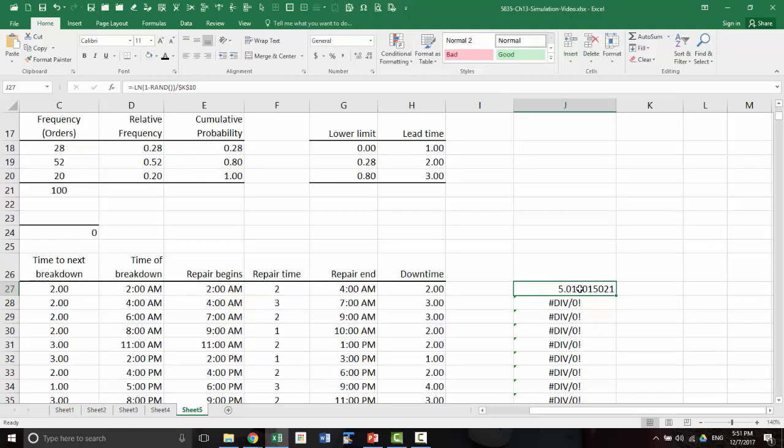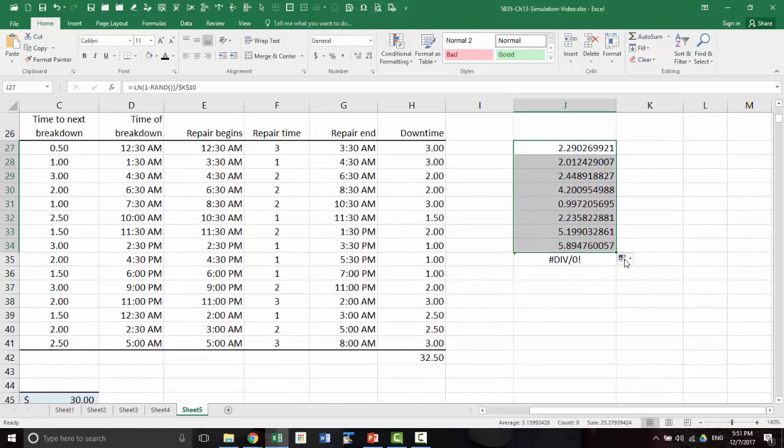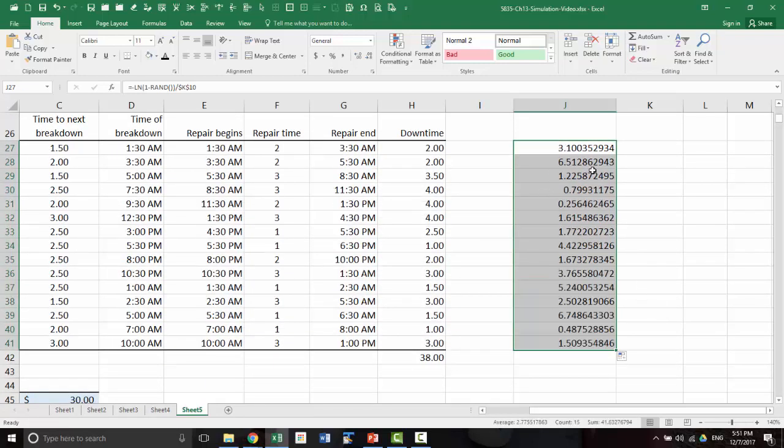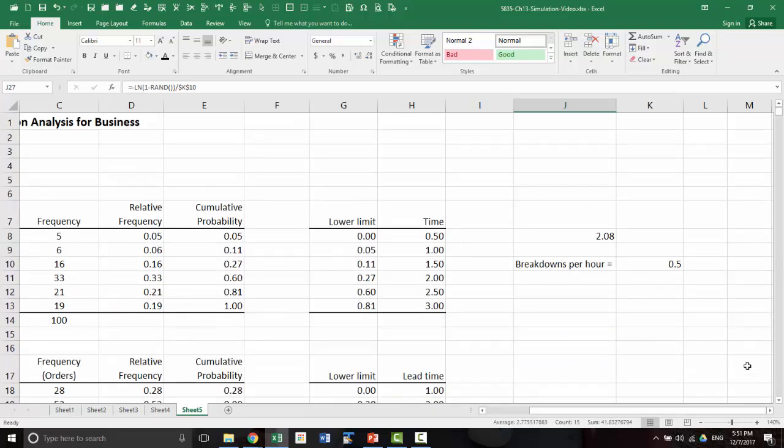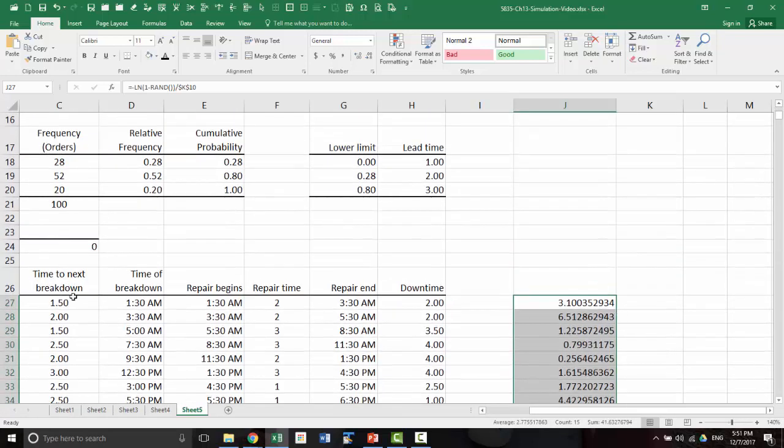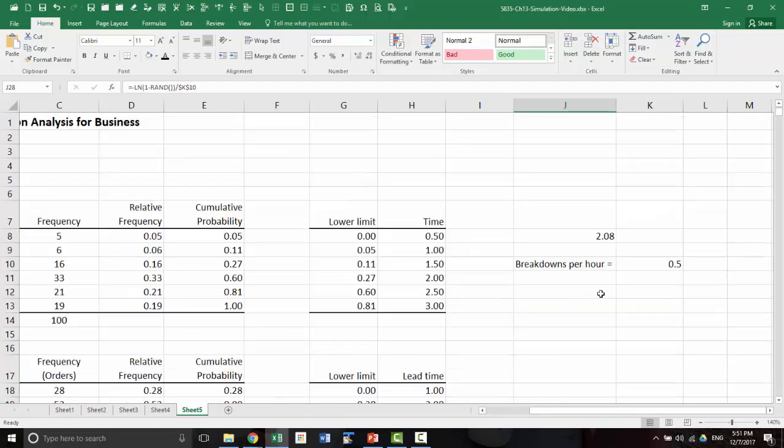Okay, so remember these are in hours. These are how many hours till the next breakdown, and that follows exponential distribution. So not the discrete distribution. So once you have that, then the rest of it is exactly like before. So you don't have to use the VLOOKUP then.